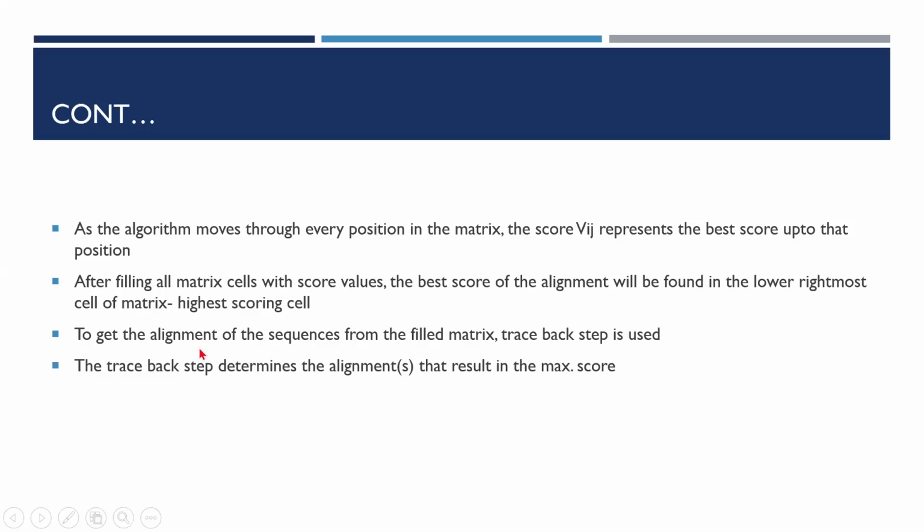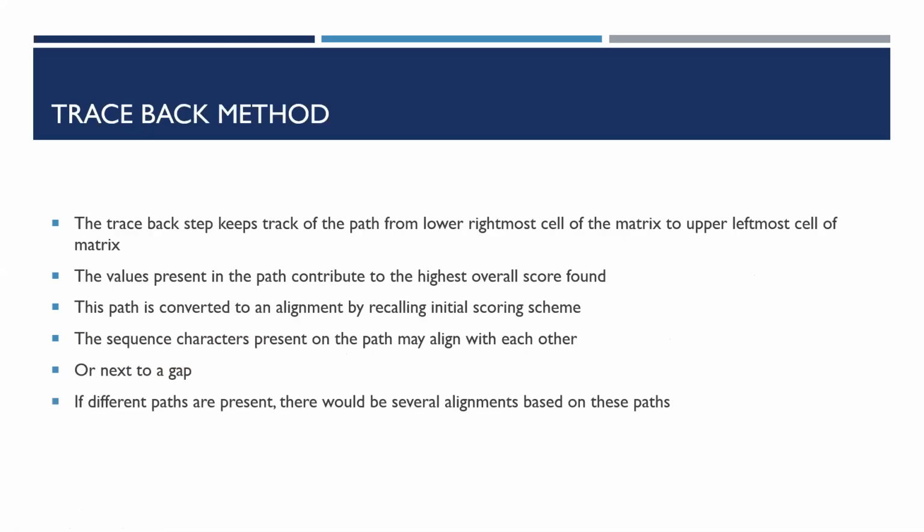So to get the alignment of the sequences from the filled matrix, we use a method called traceback method. The traceback step determines the alignment that results in the maximum score. Let's see how it works now. As I told you, the traceback step keeps track of the path from the lower rightmost cell of the matrix to the upper leftmost cell of the matrix.